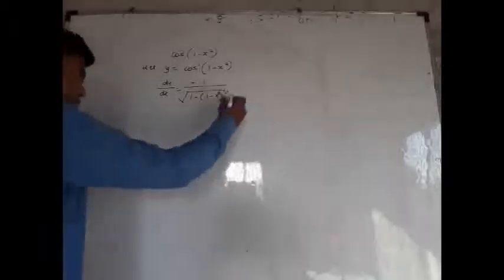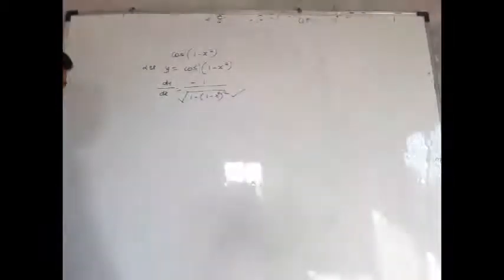1 upon 1 minus x square or plus x square, minus or plus. You must take care, you have to say what is the derivative: 1 upon under root of 1 minus x square or 1 plus x square? You must check. Okay.